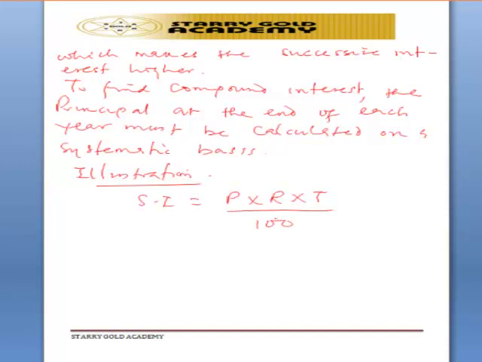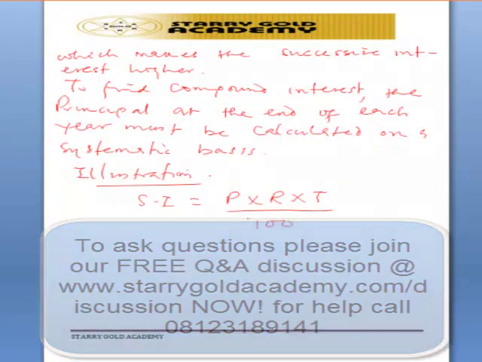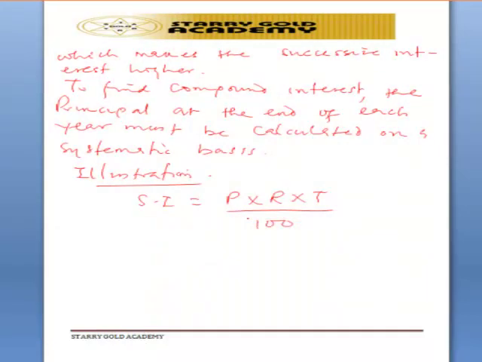Don't forget, that is the formula for simple interest. Compound interest is more advanced than simple interest. In simple interest, the interest is paid. But in compound interest, the interest is not paid to the lender. Rather, it is added to the principal at the end of the agreed time.